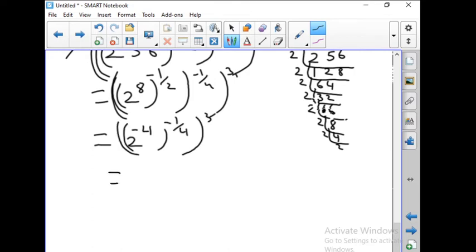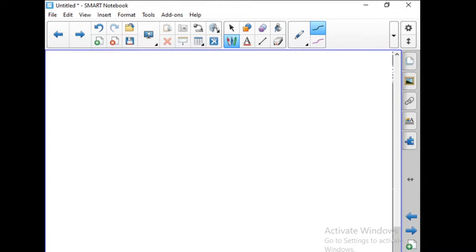Now 4 and 4 get cancelled, and minus into minus becomes plus. Therefore, we get 2 power 3, which is equal to 8. Very simple questions. Next, we will go to question number 3.